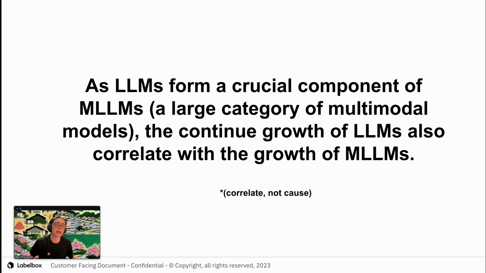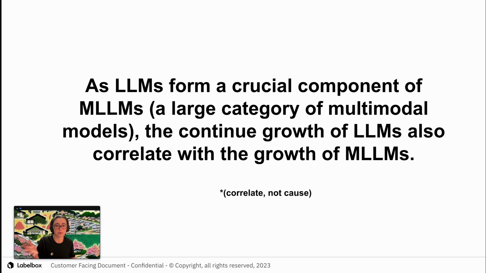And something that you'll observe is that as you see this growth of LLMs, you'll also see related growth in MLLMs, which are a particular category of multimodal models. The reason is that LLMs form a crucial component in MLLMs. So as those get better, so do MLLMs and multimodal models.